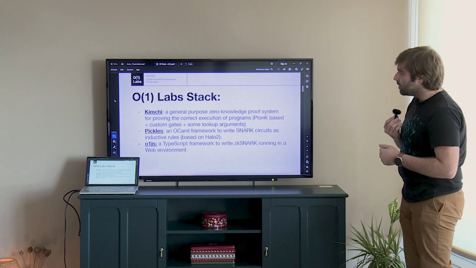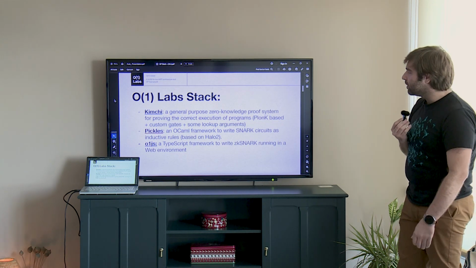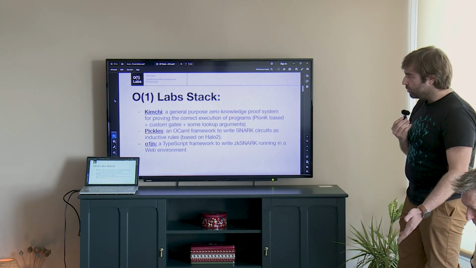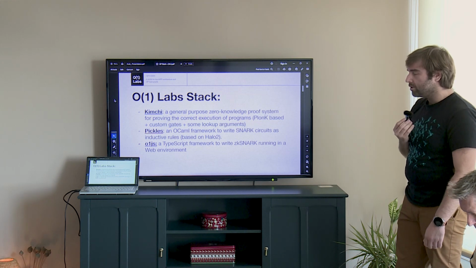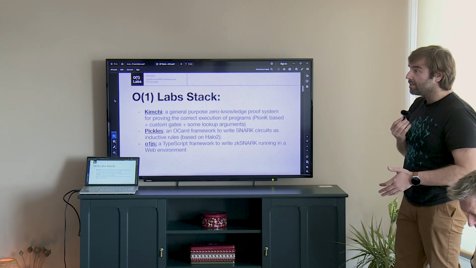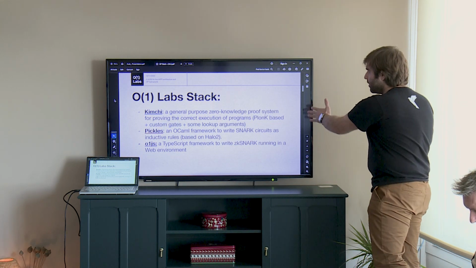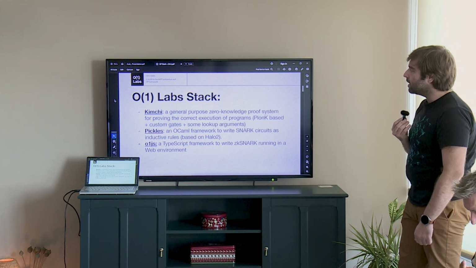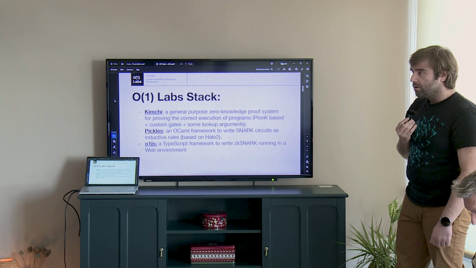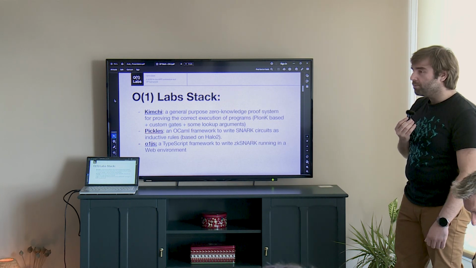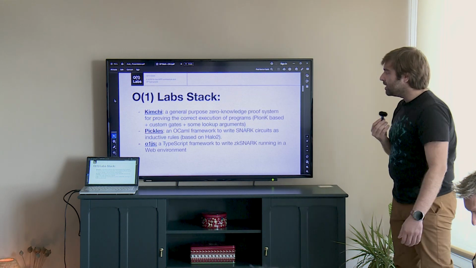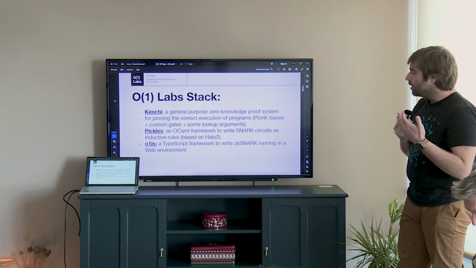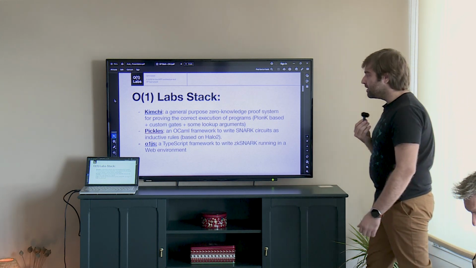On top of that, we've got Pickles, which is our recursive layer. It's the OCaml framework to write SNARK circuits as inductive rules. We use Halo 2 as a protocol for the recursion. On top of that, which is more low level, we want to bring zkSNARKs to web developers, so we developed a framework in TypeScript, which uses Kimchi and Pickles, that helps web developers with a nice interface to write zkSNARKs in a web environment.